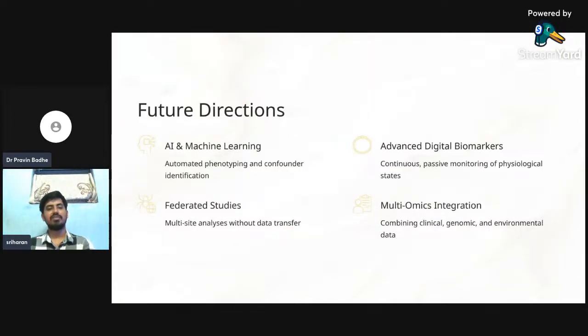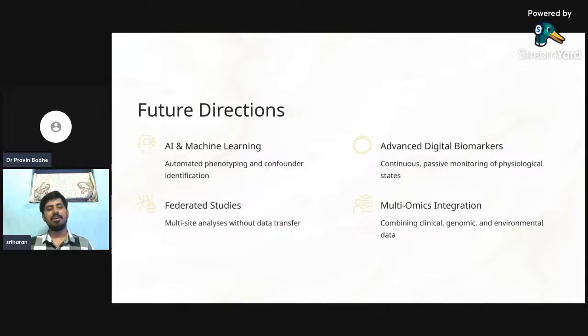These are the future directions in observational studies. AI, artificial intelligence, and machine learning will help with automatic typing and automatically including patients in decentralized trials. AI and machine learning take place very importantly.